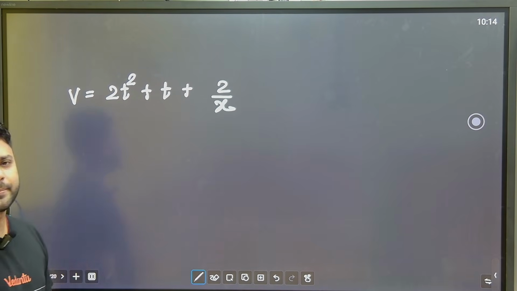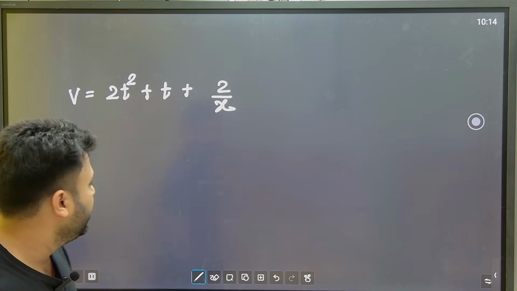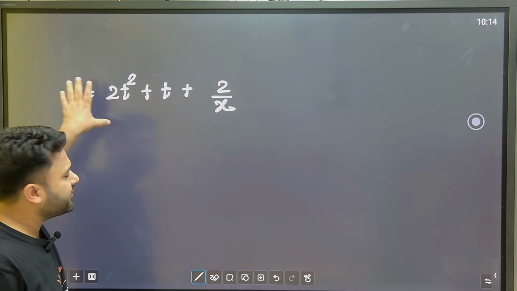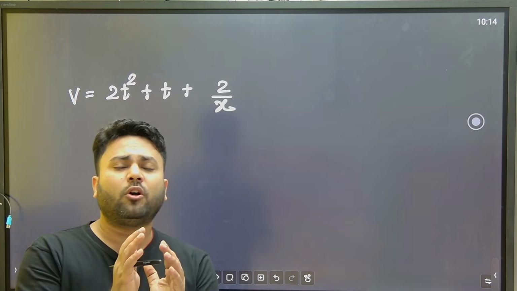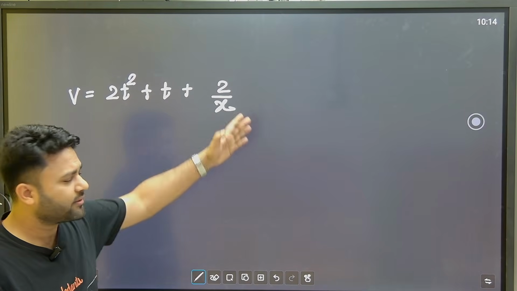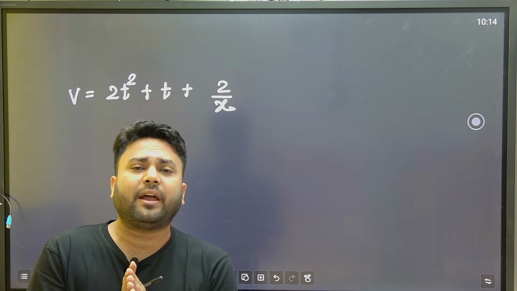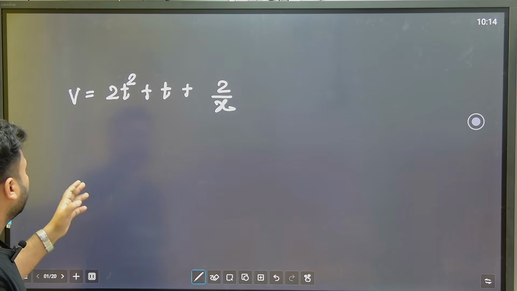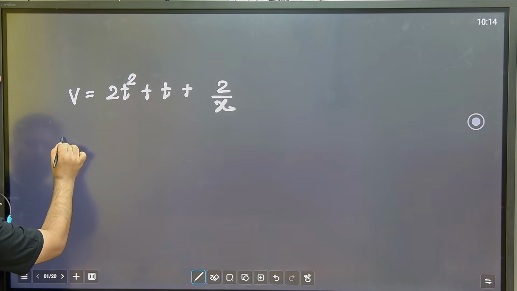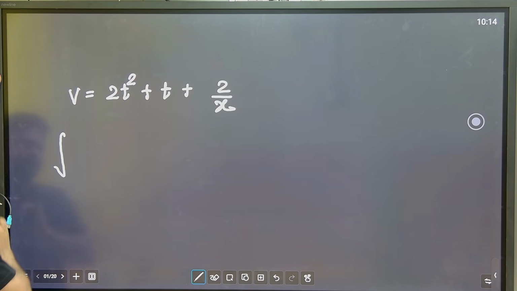This is the equation. Try to understand. And we want to integrate this. First, what is the format? Again, I am trying: how should you write? You should write integration of.